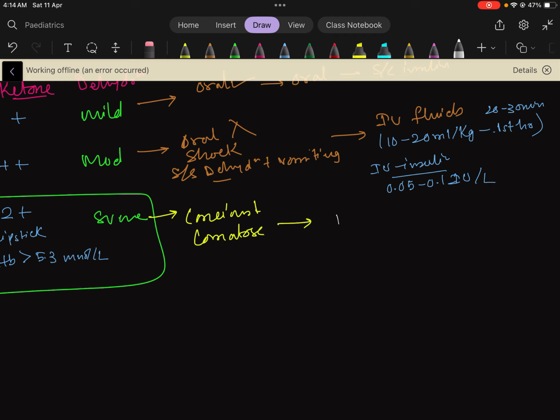Following that, IV fluids again, but this time we will give almost 20 ml per kg per hour. And other than that we'll give insulin, same dose 0.05 to 0.1. And some additional measures of treatment will also be taken.